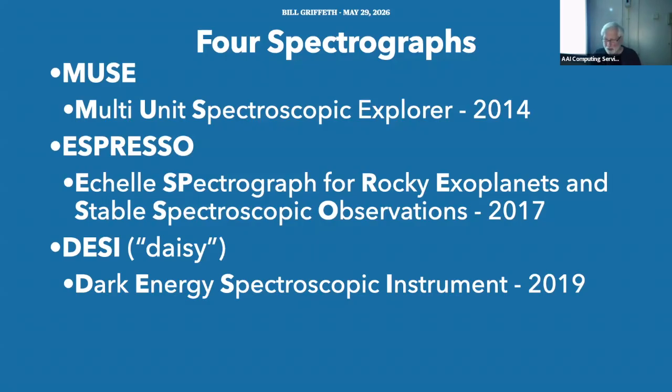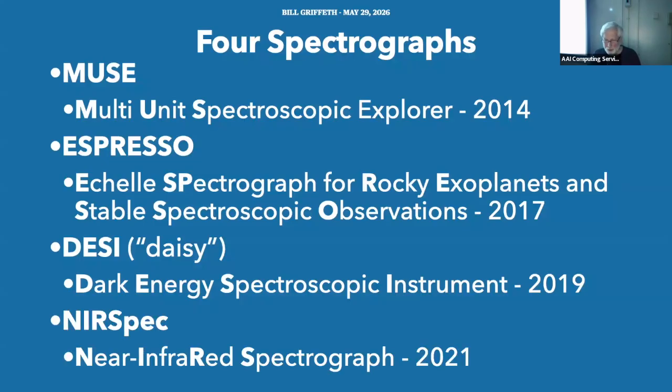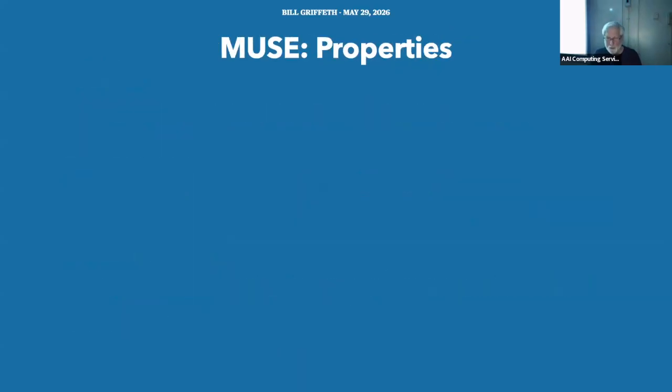DESI is the Dark Energy Spectroscopic Instrument, installed in 2019 at Kitt Peak National Observatory in Arizona. And the final one we'll talk about is NIRSpec, the Near-Infrared Spectrograph, which reached orbit on the James Webb Space Telescope in 2021. So, MUSE.